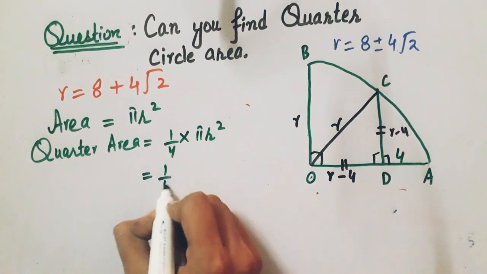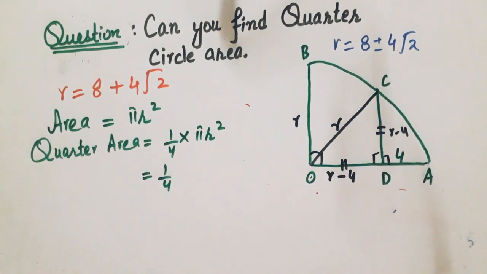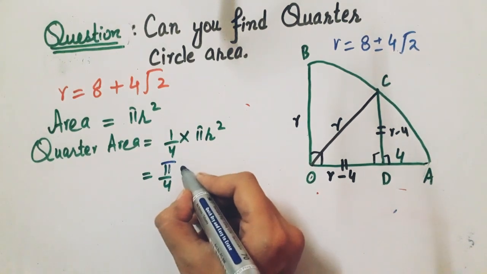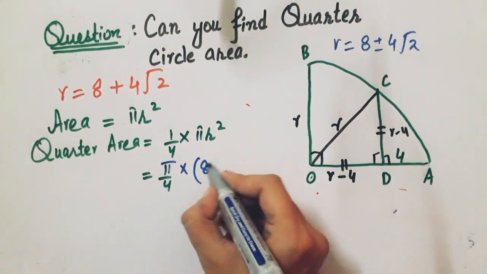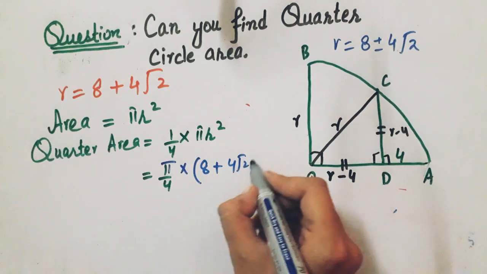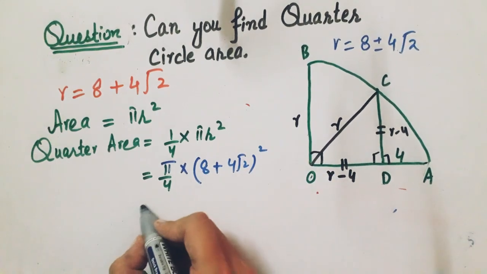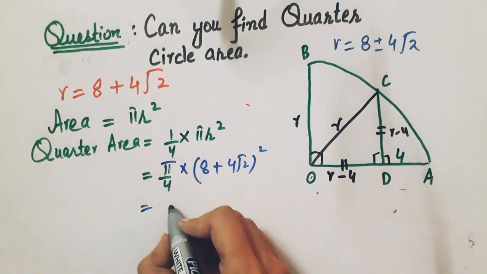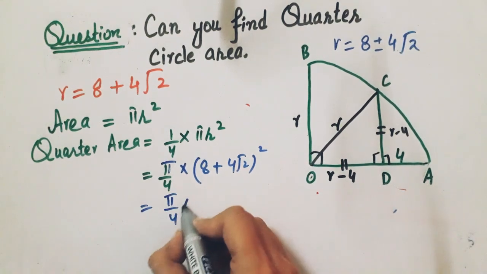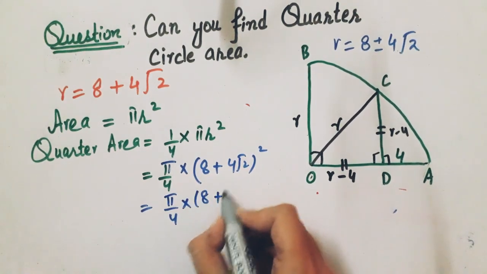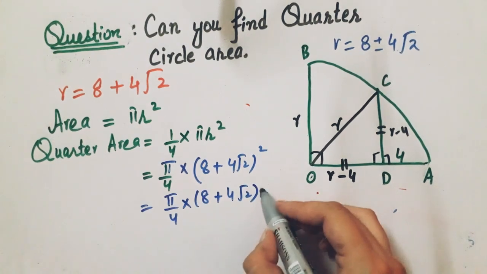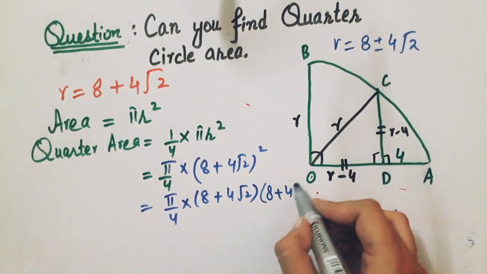So we have 1 by 4 multiplied by pi, or pi by 4, and R square means 8 plus 4 square root 2 squared. Now we will solve this as pi by 4 into 8 plus 4 square root 2 into 8 plus 4 square root 2.